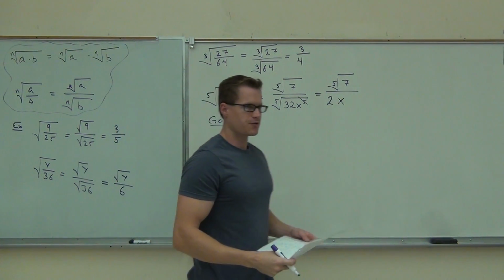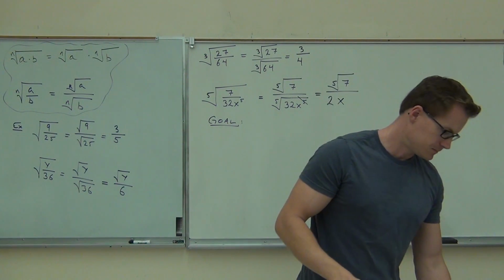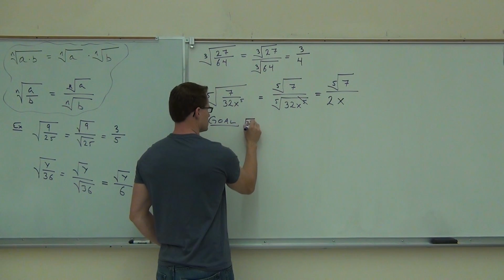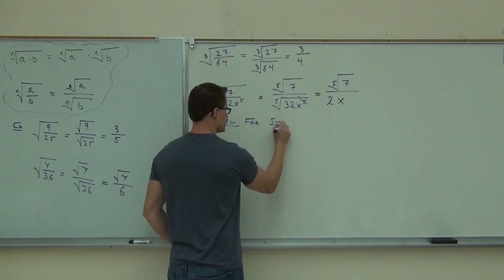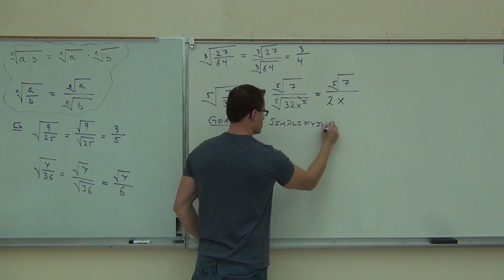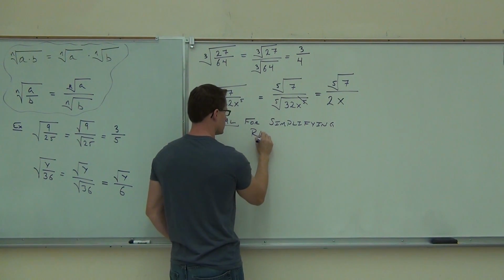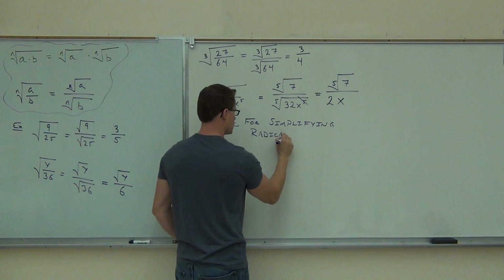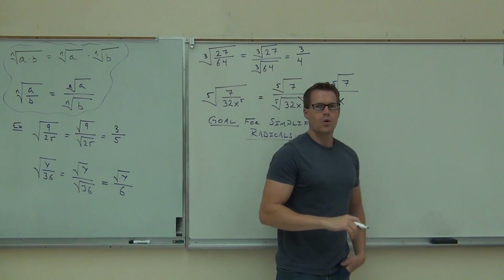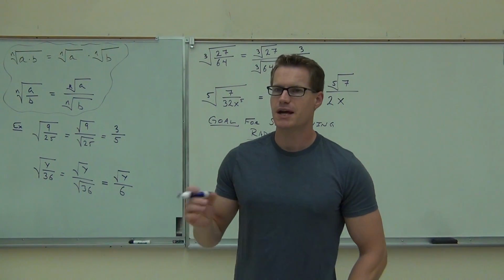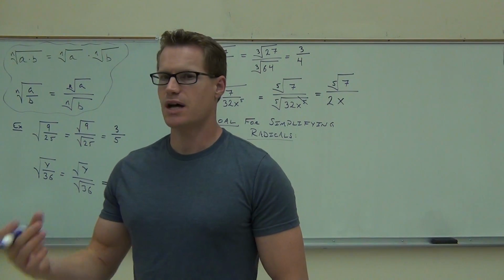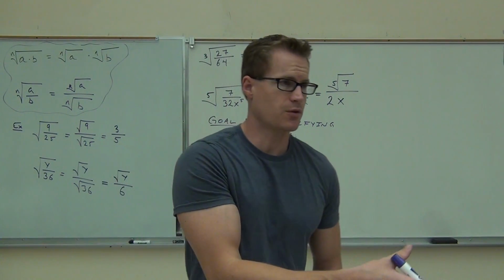All right, here's our goal ultimately. The goal for simplifying radicals, which we're going to do right now, is looking for perfect nth roots. So it depends on what type of root you have as to what you're looking for inside of your radicand.